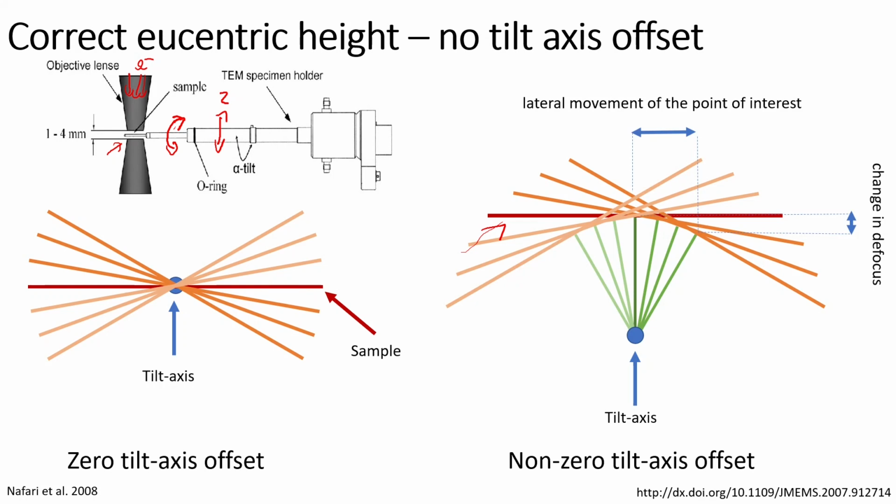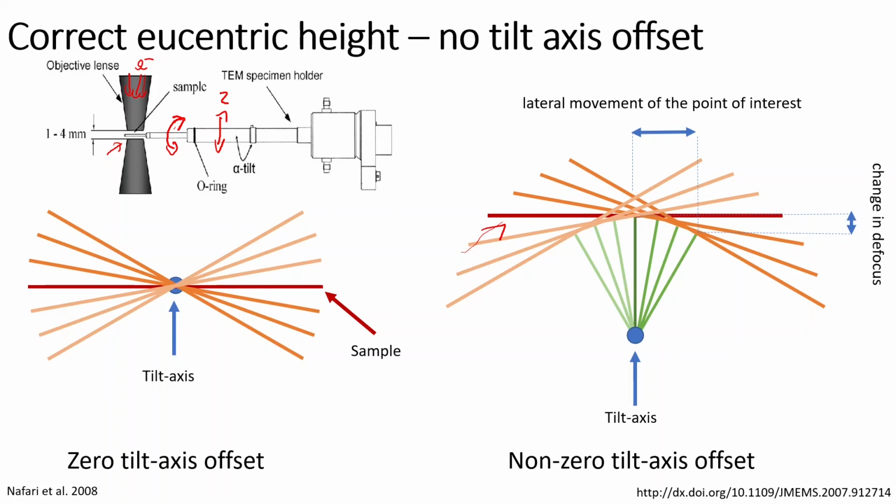Now we can see we have some lateral movement. Plus, we also have a movement in the z-axis. This will cause a change in defocus, and it will cause a movement in the xy direction. That means that our sample might get out of the field of view, so that we will not have all the information for the reconstruction of our sample.